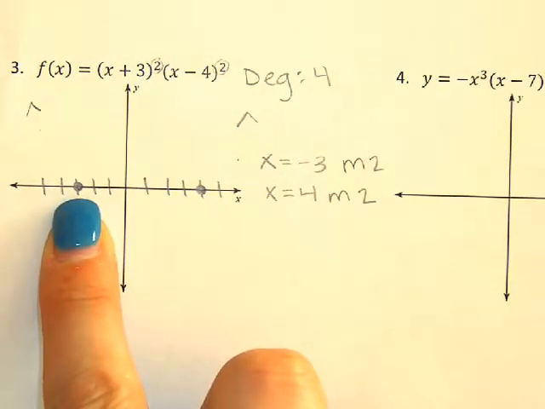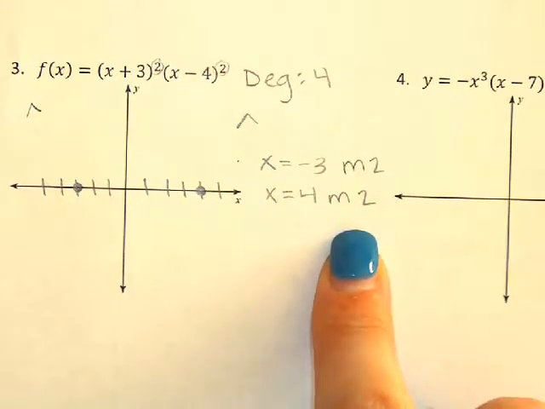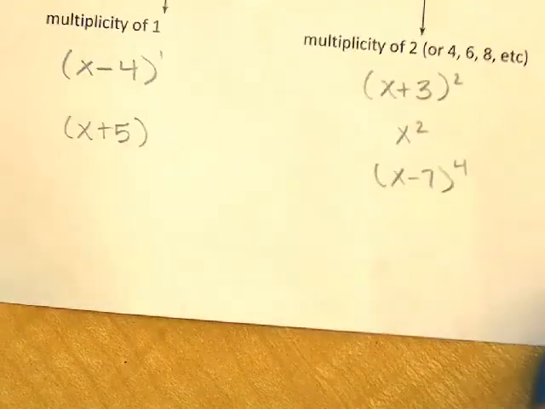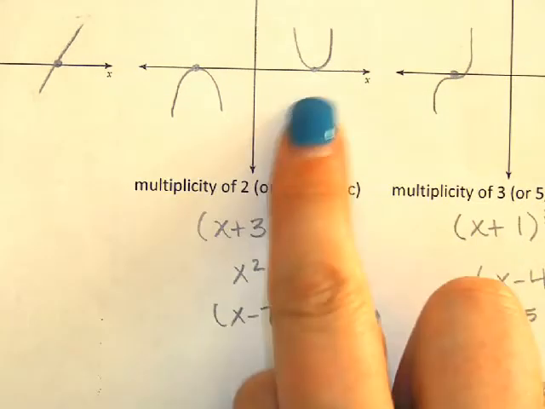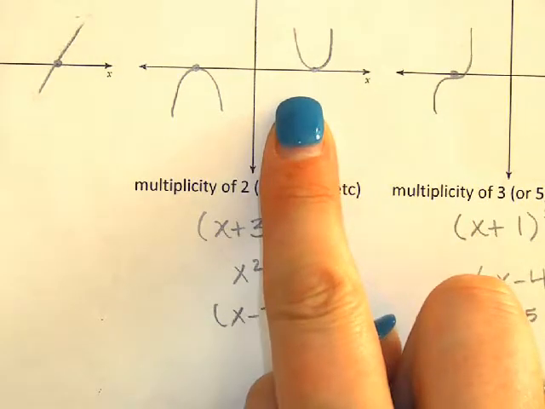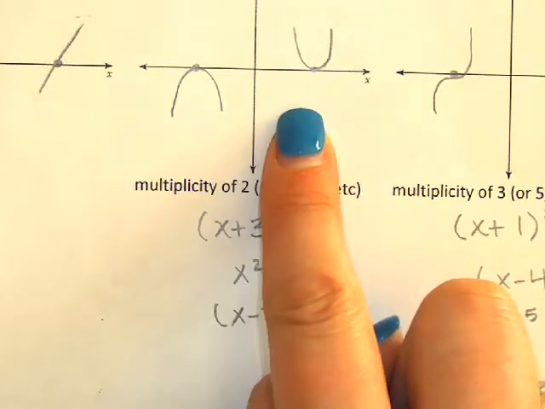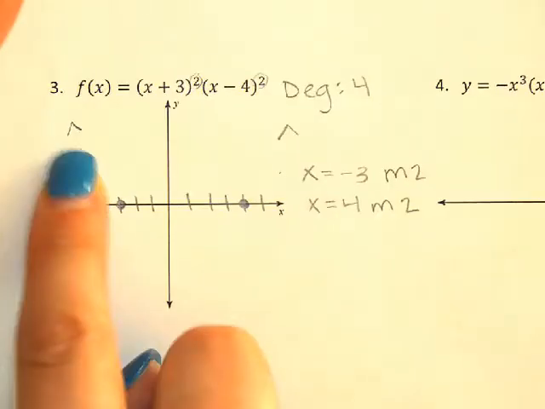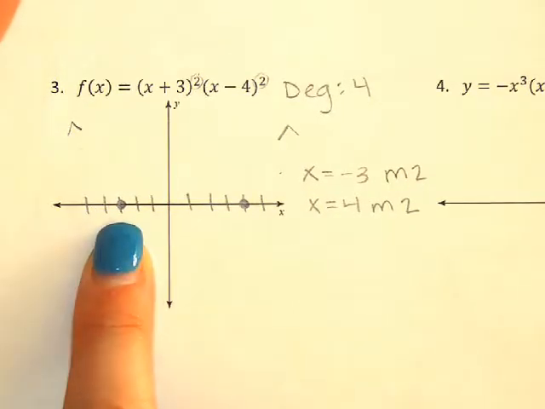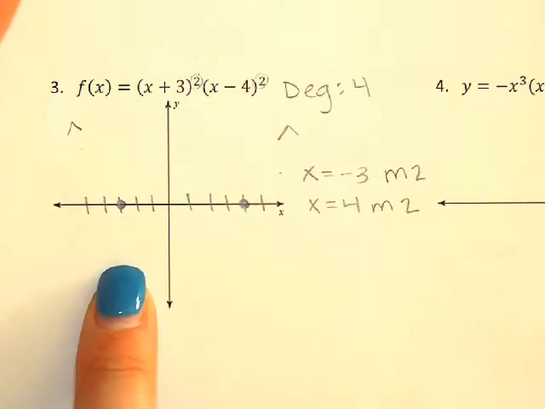So, when it has a multiplicity of 2, what can it look like? A little u. So if we are connecting to that arrow and we have to draw a little u, should the u be above or should it be below?